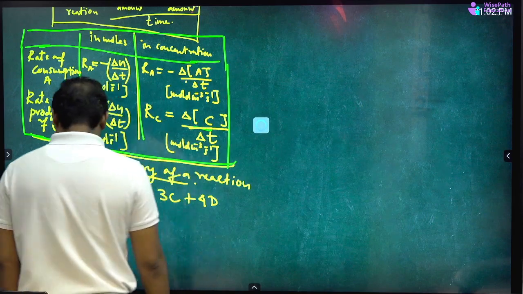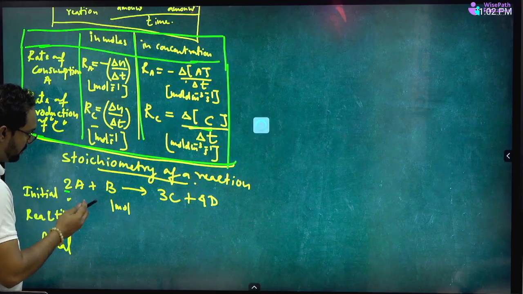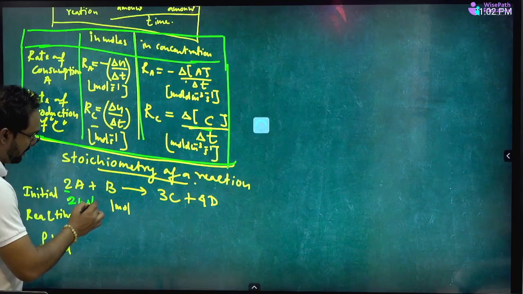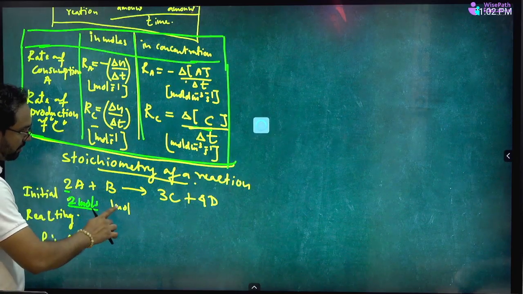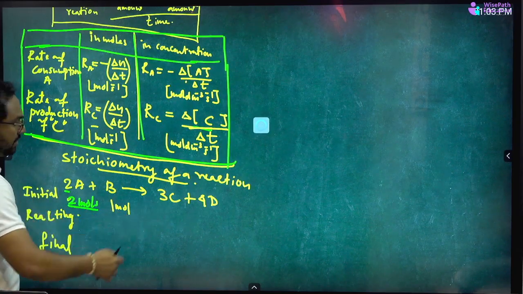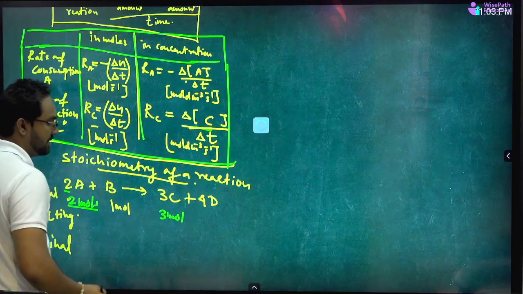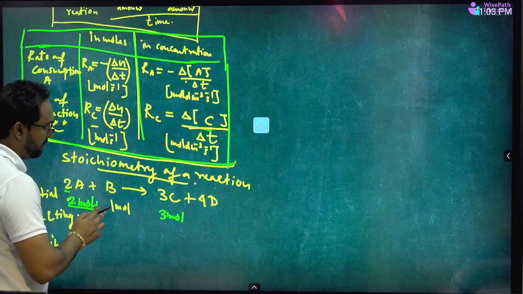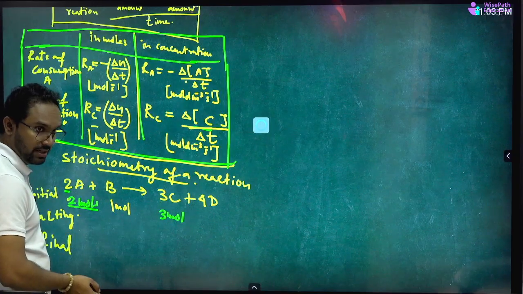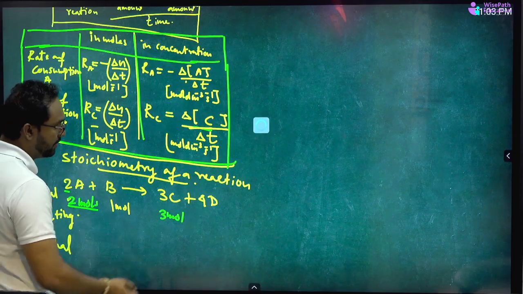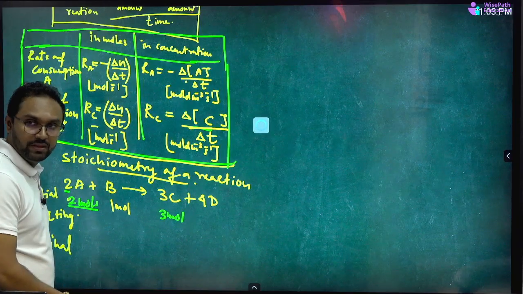So to completely react 1 mole of B, you need 2 moles of A. And if 2 moles of A and 1 mole of B react, how much C will there be? 3 moles of C, because 1 mole of B, if completely reacted, produces 3 moles of C. And how many moles of D? 4 moles of D is also produced.